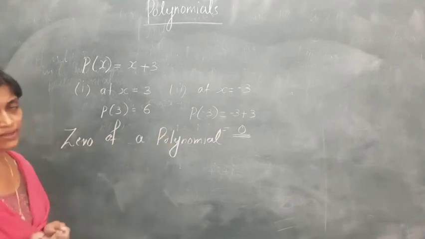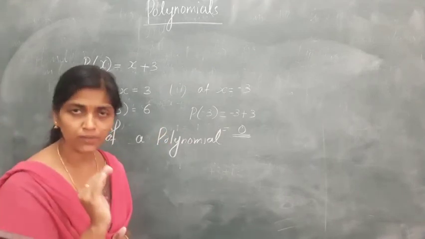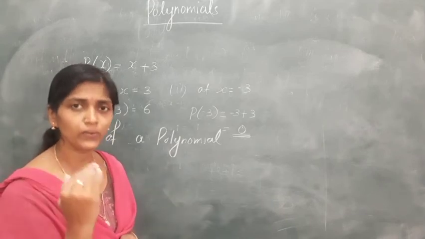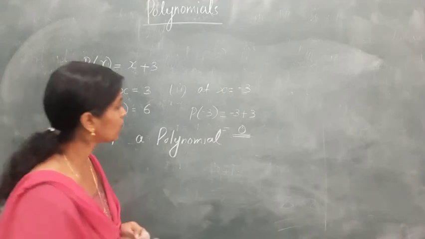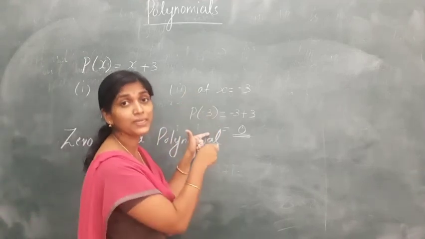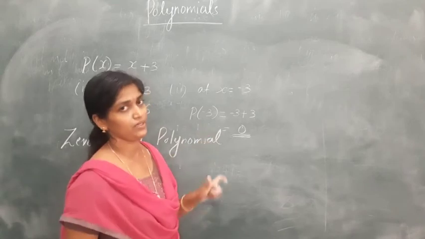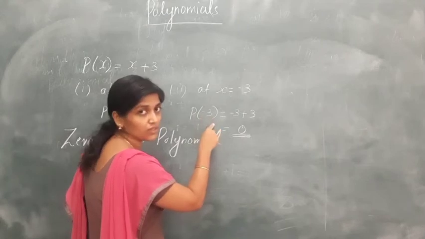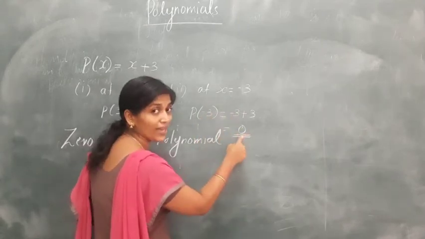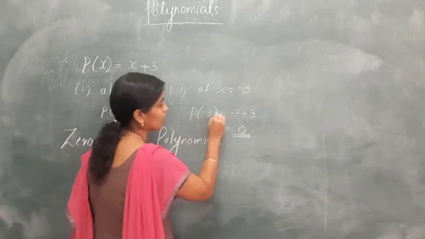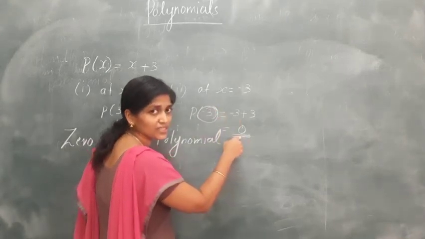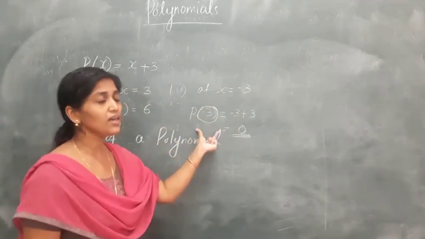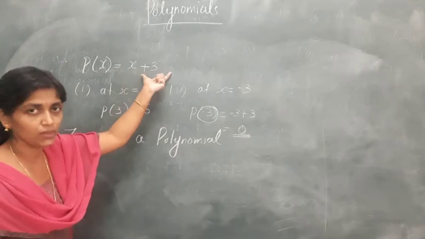In this way, when we give values for a polynomial and you get the polynomial value as 0, you can call that value of the variable the zero of the polynomial. Here when we give the value of x as minus 3, we got the polynomial value as 0. So we call that minus 3 is the zero of this polynomial.